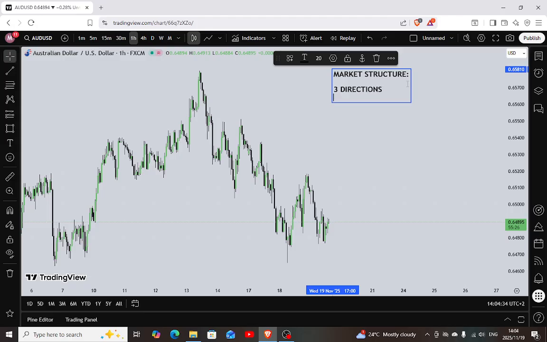So the first direction is you have your uptrend, we have our downtrend, and lastly we have our range slash consolidation.